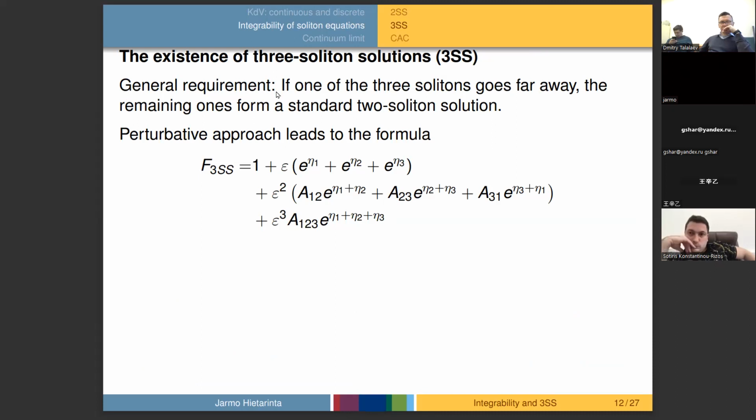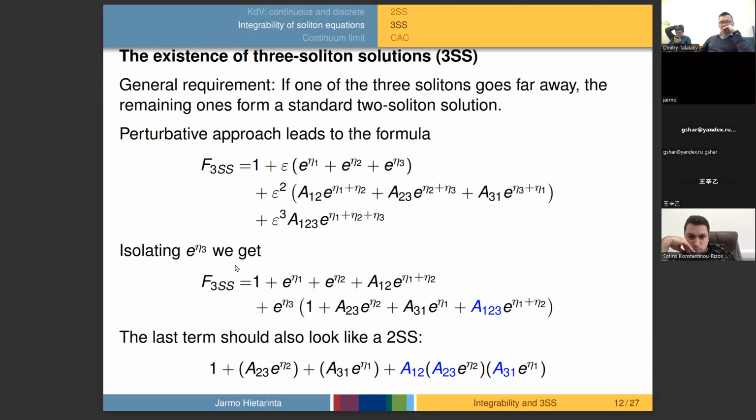And they are localized, so if one of the solitons goes far away, what remains must be a standard two soliton solution. So if one approaches this problem perturbatively, one is led to this kind of formula where there's a combination of three solitons and the pairs, and then a triple term. But we don't know what the coefficient is.